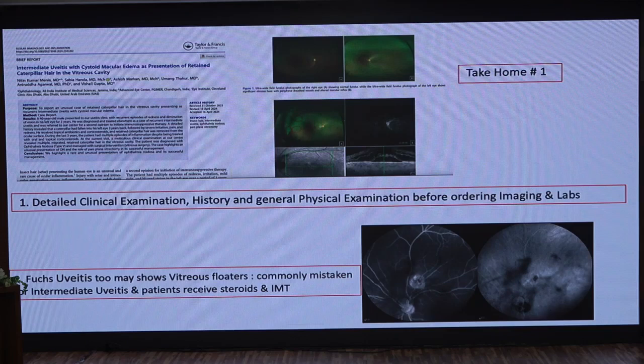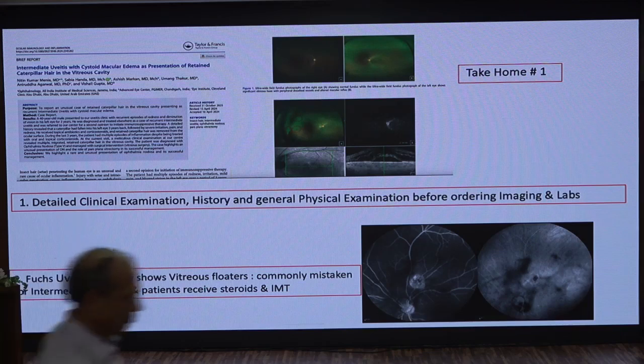Please do not confuse it with intermediate uveitis, because I see almost 1 to 2 patients every day where Fuchs patients unfortunately are receiving immunosuppression because we believe in the old definition of Fuchs, which is cataract, heterochromia, and stellate keratic precipitates. What if Fuchs did not notice vitreous floaters? People after him noticed it. So don't go by the definitions which are century old and start treating them with steroids and immunosuppressives.